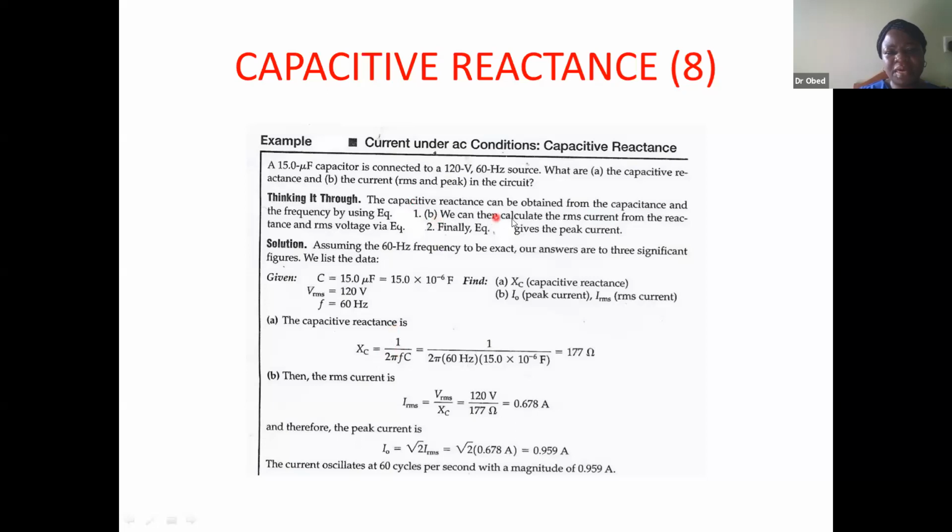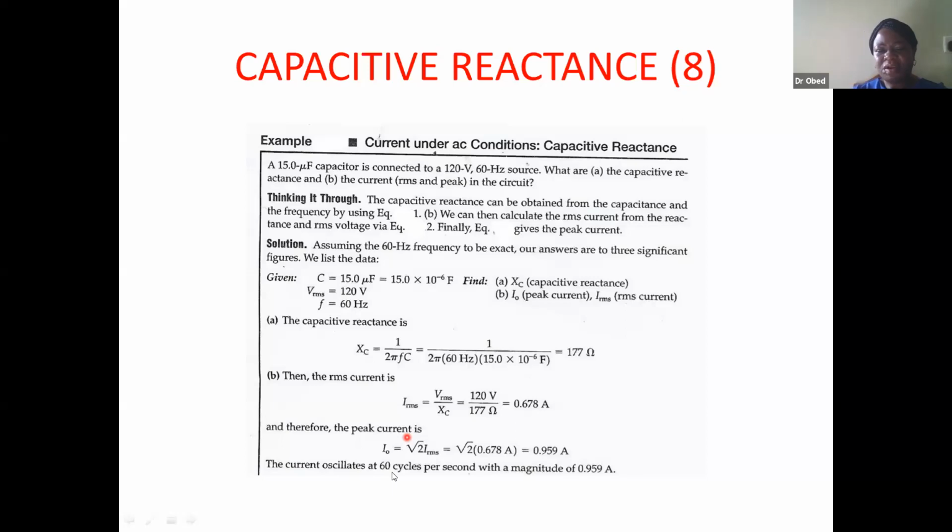Then for B, we can calculate the RMS current from the reactance and RMS voltage using equation 2. Finally, we are going to calculate the peak current using equation 5. It was equation 5 last week.